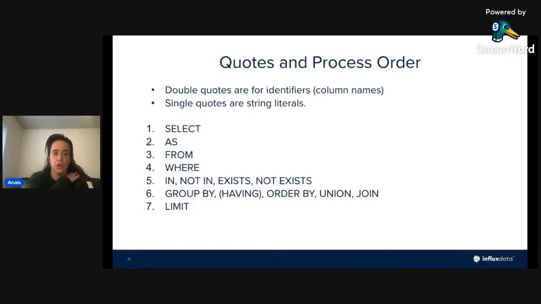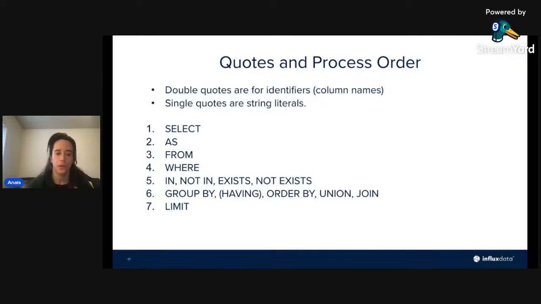But it's also important to know that double quotes are used for identifiers like column names, and single quotes are used for string literals. And it's also worth being aware that in SQL, the syntax order and the process order are not going to be the same. So that's something that you have to be aware of when you're writing SQL. And sometimes you have to use subqueries to change the process order to get the result that you want.